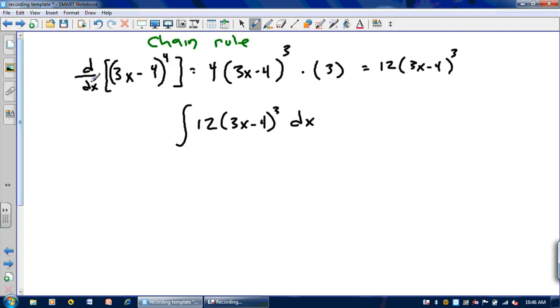When we do the chain rule, part of the original function survives all the way to the end. In other words, this 3x minus 4 slides right through the derivative all the way to the end, and there it is, untouched. You remember this, that part of doing the chain rule, the inside function, survives untouched all the way to the end.